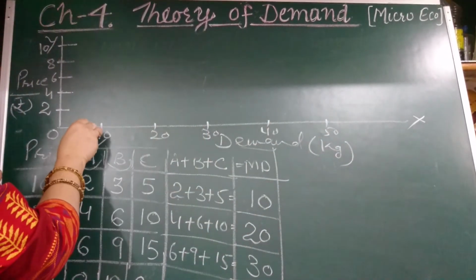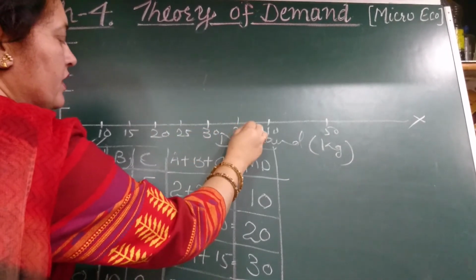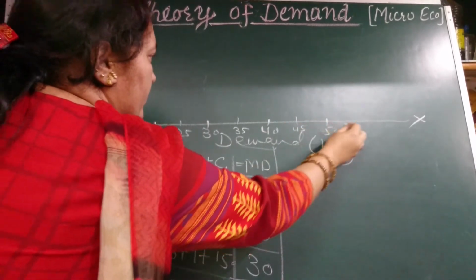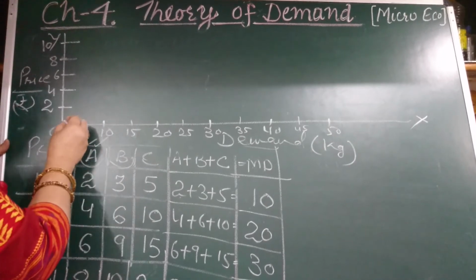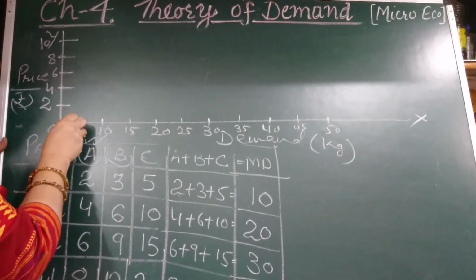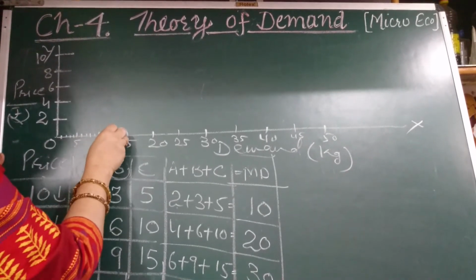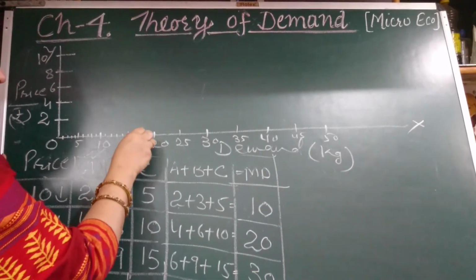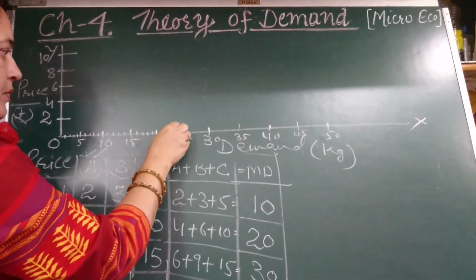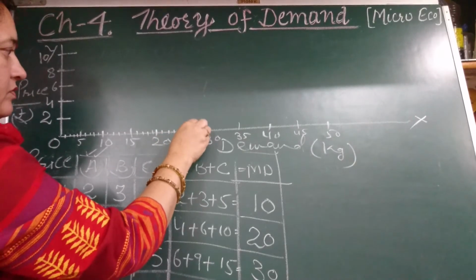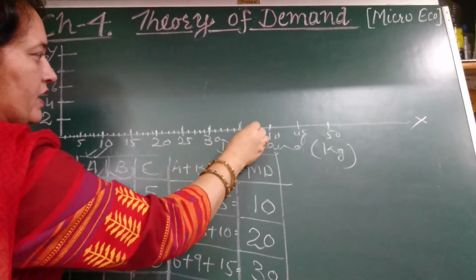Further division: 5, 15, 25, 35, 45, and last one is 50. Further division: 1, 2, 3, 4, 5, 6, 7, 8, 9, 10, 11, 12, 13, 14, 15, 16, 17, 18, 19, 20, 21, 22, 23, 24, 25, 30, 35.